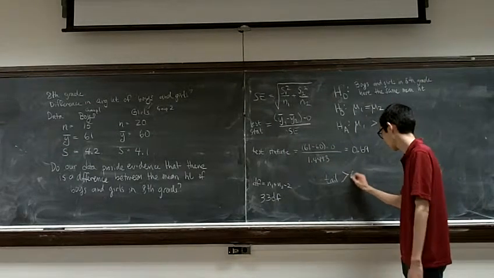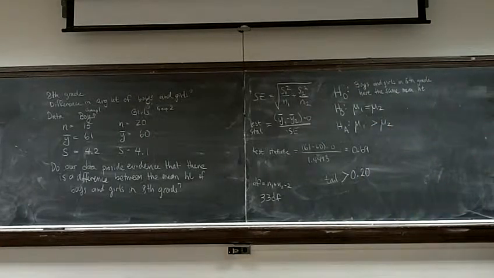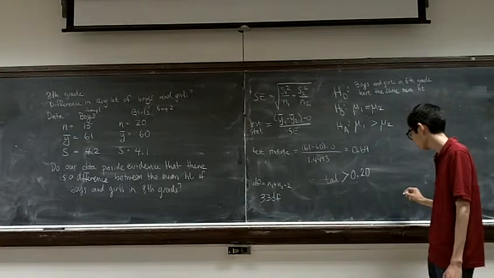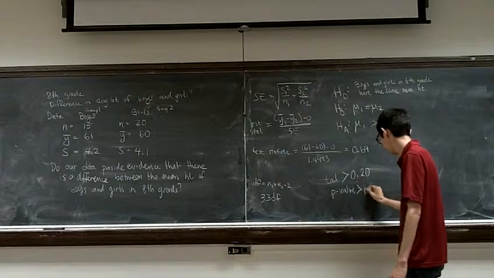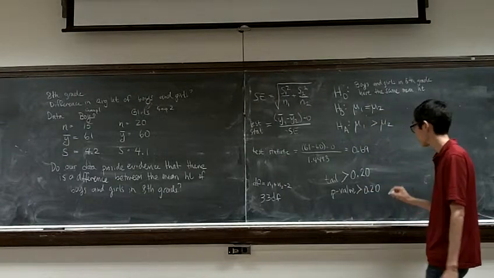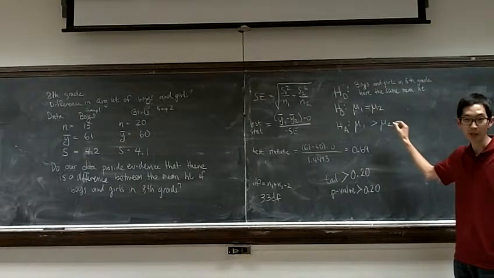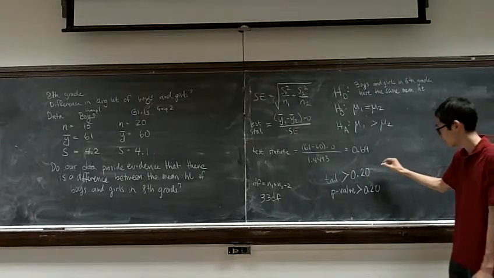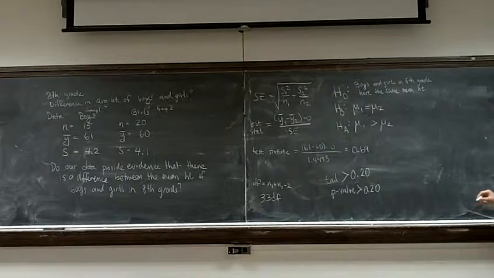Is that okay? Alright. And this becomes my p-value, okay? My p-value is now greater than 20%. When I have a greater than or less than in my alternative hypothesis, I will use my tail area as my p-value rather than double it, okay?